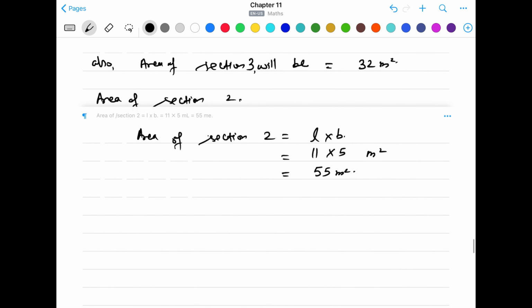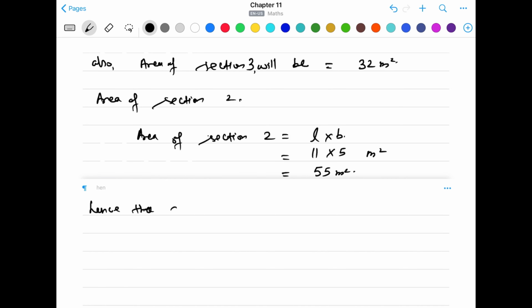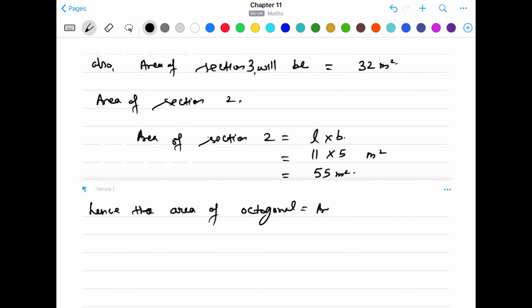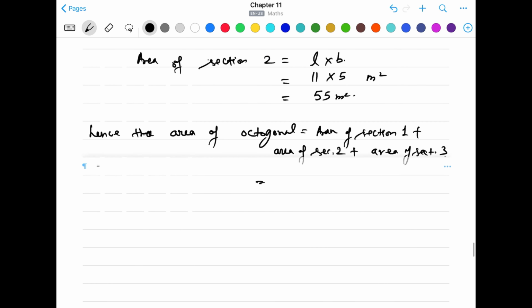Okay, so we got the area of all 3 sections. So we'll write, hence the area of the octagonal is equal to area of section 1 plus area of section 2 plus area of section 3.